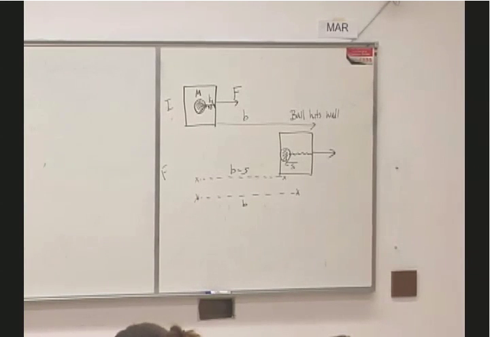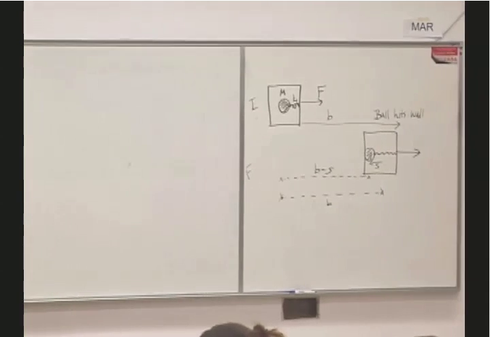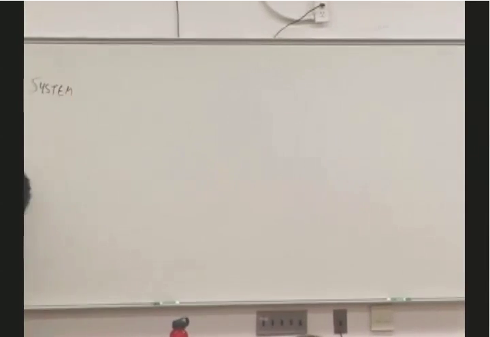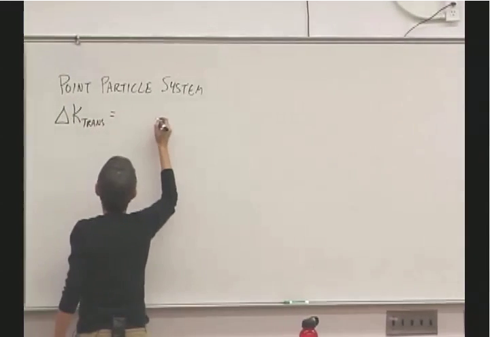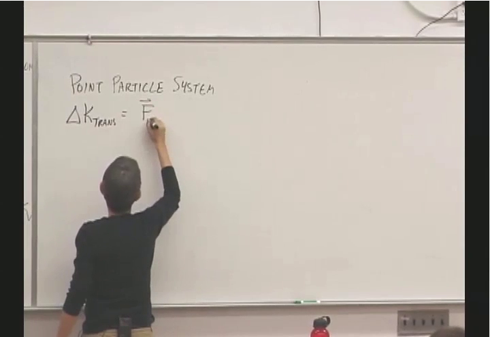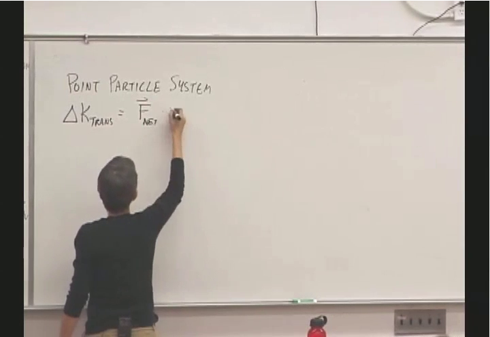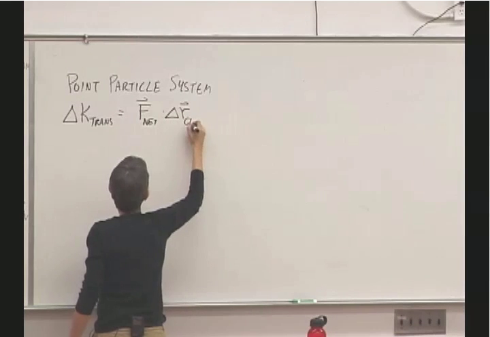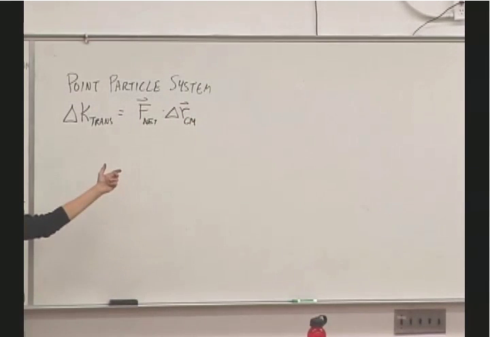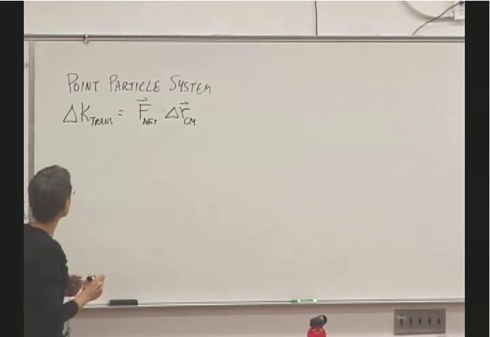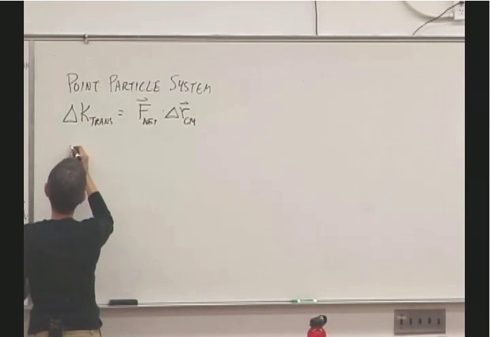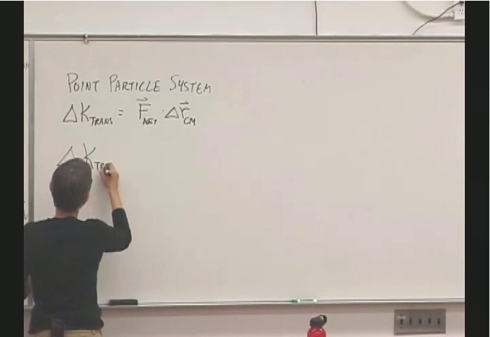For the point particle system, the change in the translational kinetic energy is the net external force applied, dot product with the displacement of the center of mass, right? We're in one dimension here, so it's all x things.